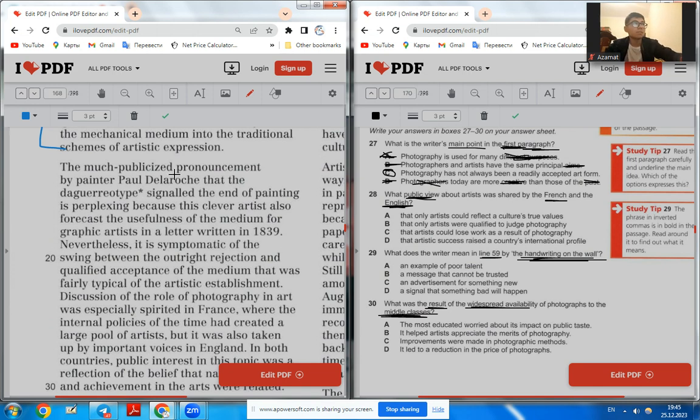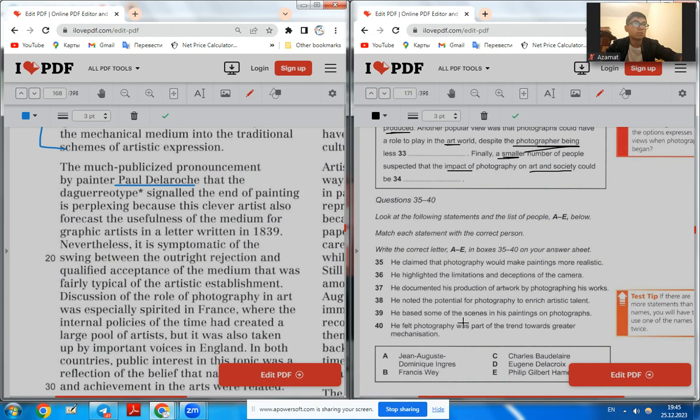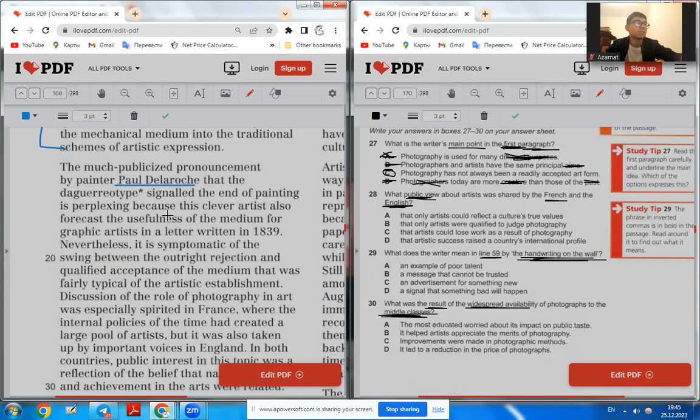The much publicized pronouncements by painter Paul Delaroche. Let's have a look whether we have him here. No, we don't have the name of this researcher. He or she is a painter. Here we have a star.